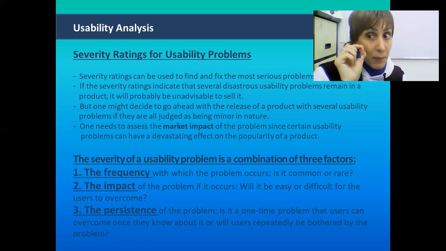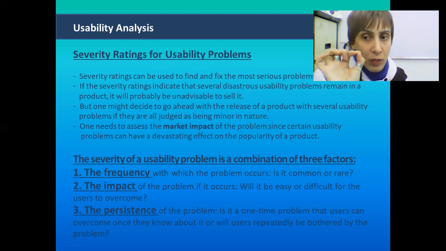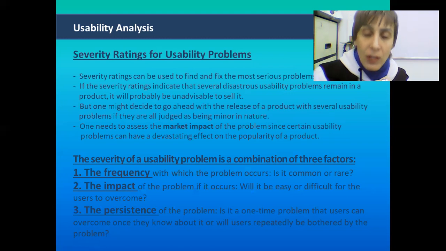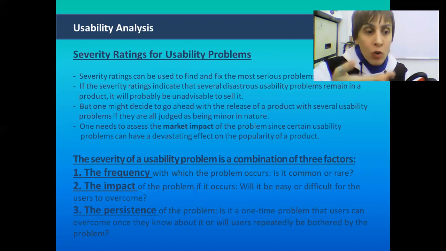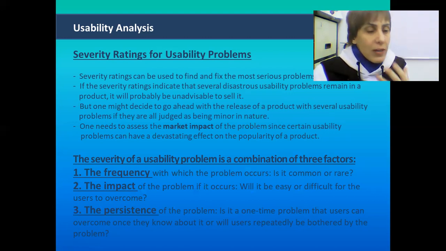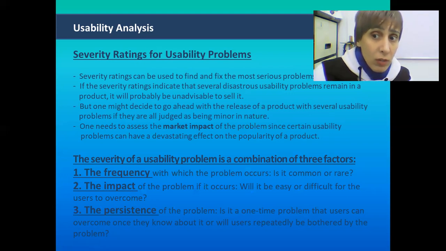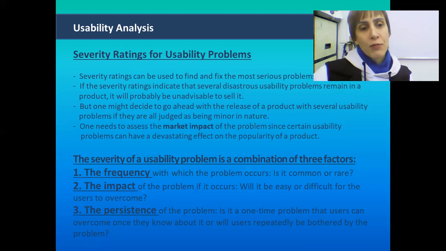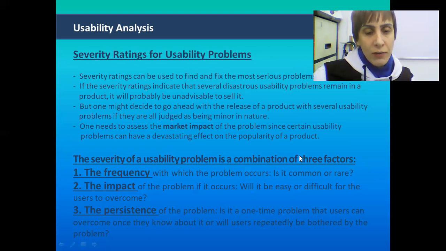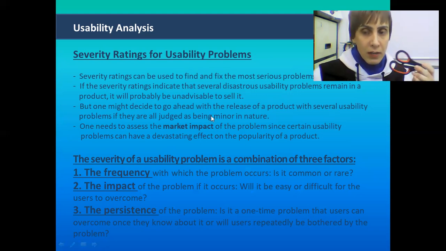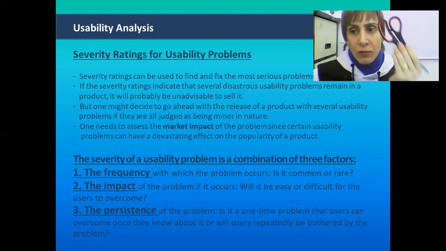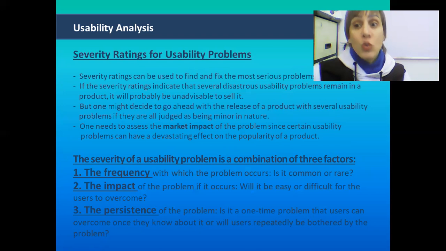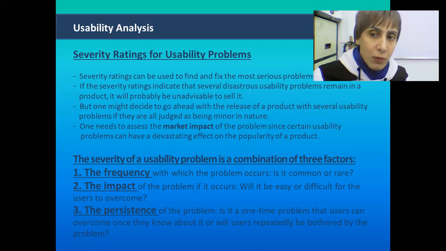That's because, depending on what kind of problem it is, sometimes you can go ahead and manufacture the product, because it will not cause, for example, a very big danger to the user, okay? But if it causes danger, if it's not minor, if it's a severe usability problem, you cannot manufacture this and sell it to the people. You need, as a designer, to solve this problem.